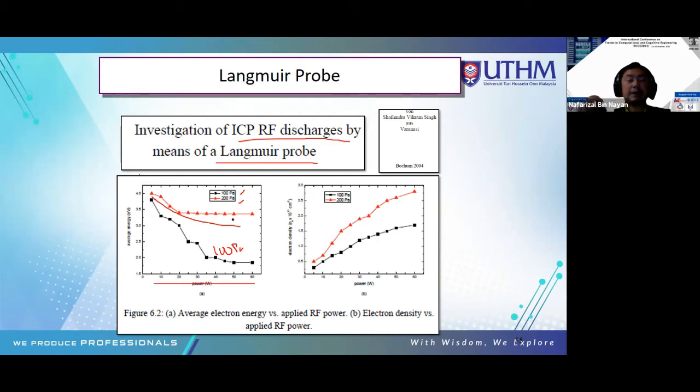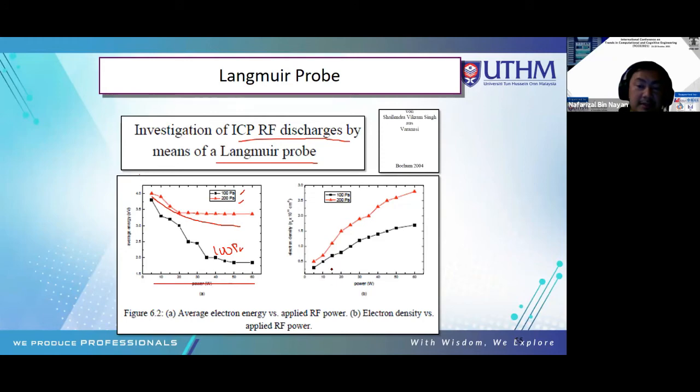But if the distance between each particle is far, they do not hit each other frequently, there is no contact between each other. So the energy will drop very drastically, because the average cannot be normalized. That is the reason. By having this Langmuir probe, we can understand the properties of the plasma.